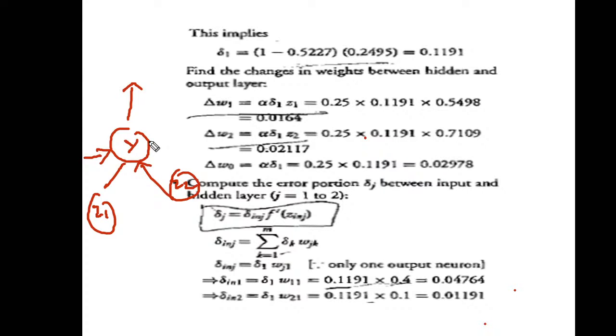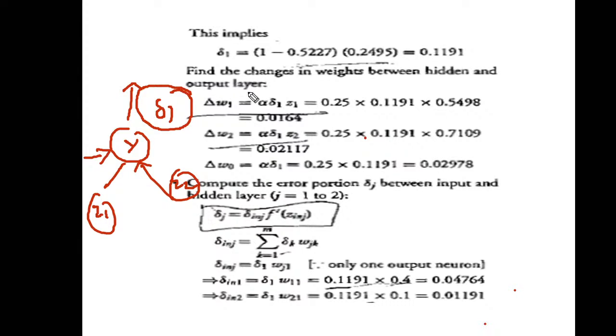Now if you see the diagram, Y is there, and from here we are getting the output, and here Z1 is there, Z2 is there, and there is one bias. Now since there is only one Y neuron, only one error we are going to calculate, that is delta 1. So here delta 1 is denoted as error.